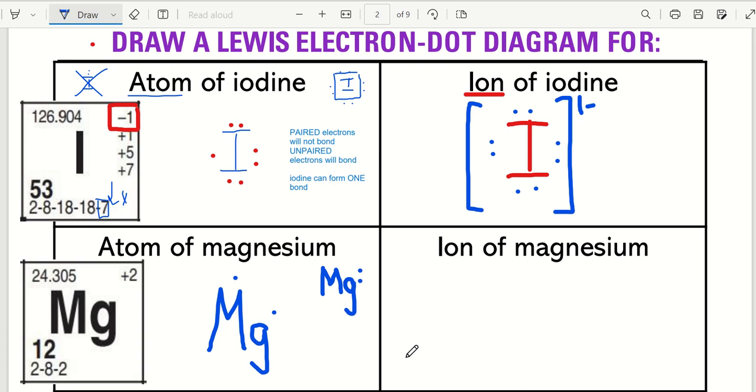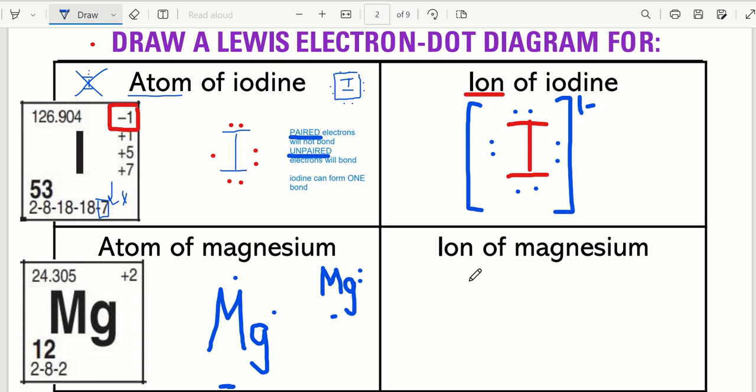So you will see them like this a lot, and that's okay. I personally like to do it this way right here because it still shows the unpaired in terms of bonding and the paired for bonding. Okay, but both of these answers would be accepted. All right, so just in case you see it this way, you understand.